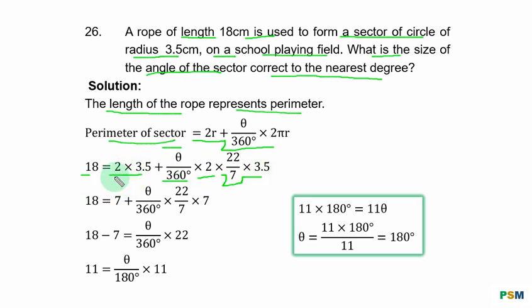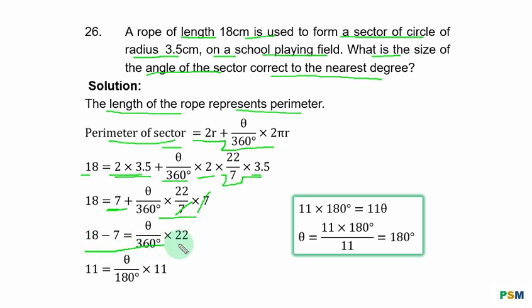If you multiply here, you have 7. From here, 2 times 3.5 is 7. So you have 22 over 7 times 7. 7 cancels 7. Transfer this 7 to the left hand side.